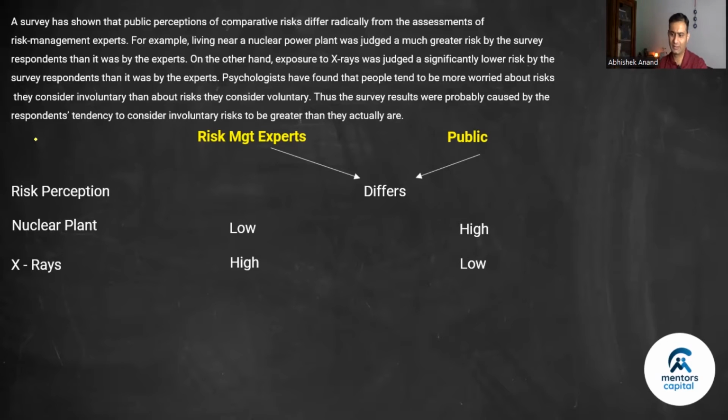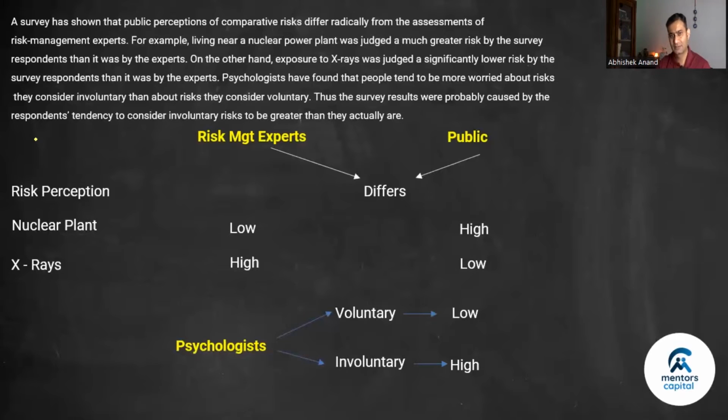Now, if I leave this aside, psychologists have made a certain comment. Their observation is that when people think they are voluntarily going for a risk, for example when you go for an X-ray, or some other thing which is voluntary, the risks are low because I am doing it of my own will. So I know what the risks are. Therefore, risks are low.